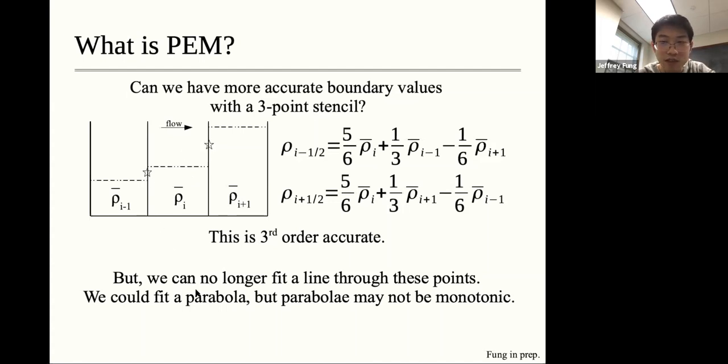You could fit a parabola, but then generally the parabola may not be monotonic. So for example, to get from this point to this point, maybe the curve is going to look like this, some sort of bump. When that happens, things have to get adjusted, and then you probably end up with boundaries that have to be shifted from these third order points.